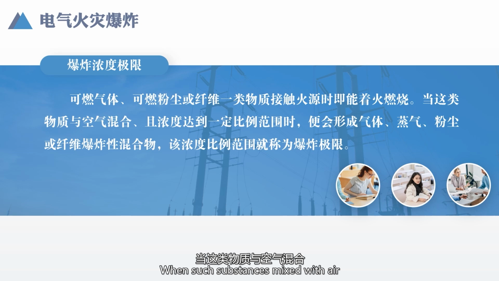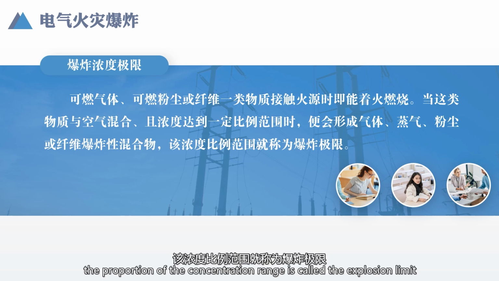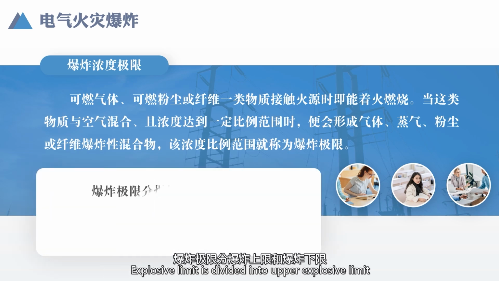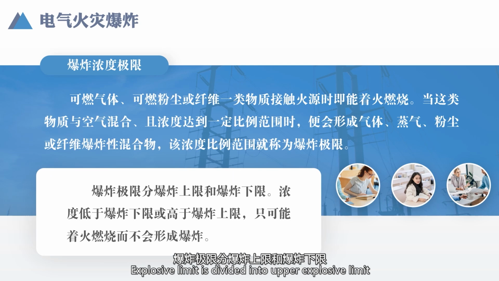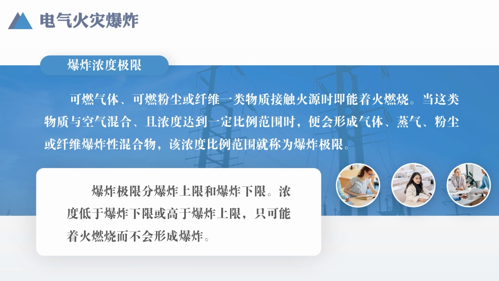When such substances are mixed with air and the concentration reaches a certain proportion range, a gas, vapor, dust, or fiber explosive mixture is formed. The proportion of the concentration range is called the explosion limit. Explosive limit is divided into upper explosive limit and lower explosive limit.